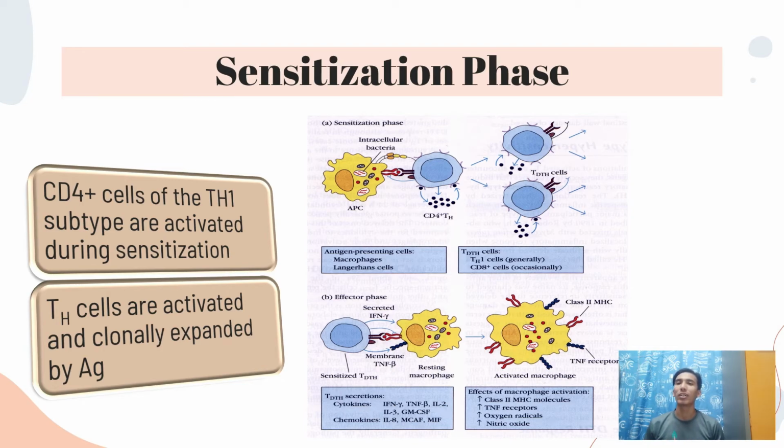The TH cells are activated and clonally expanded by antigen presented together with class 2 MHC on an appropriate antigen-presenting cell such as a macrophage or dendritic epidermal cells. Generally, CD4 plus cells of the TH1 subtype are activated during sensitization and designated as TDTH cells.